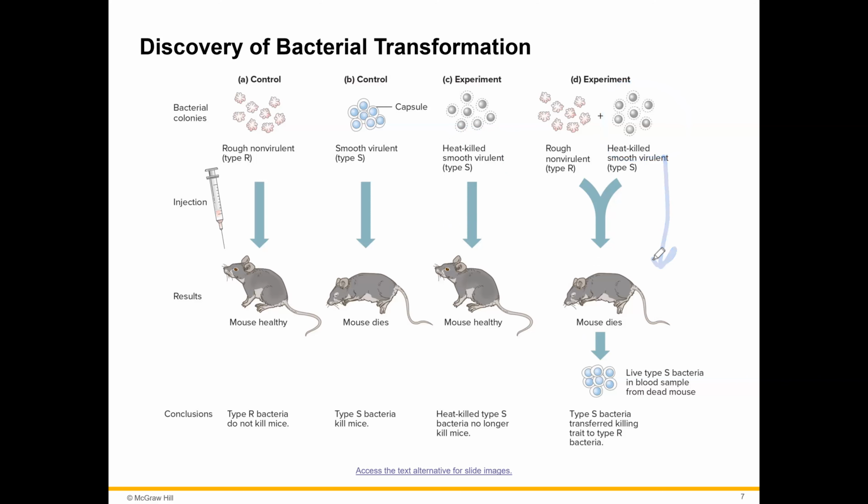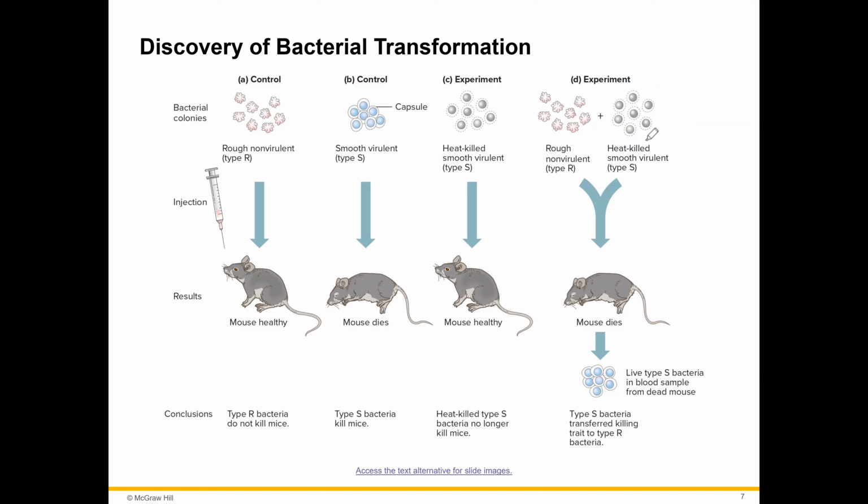It's hard to believe because if you kill someone, you cannot bring them back to life. Dead bacteria cannot be live bacteria again, the same as dead people cannot be live people again. So it's very unlikely that type S bacteria all of a sudden came back to life, right?